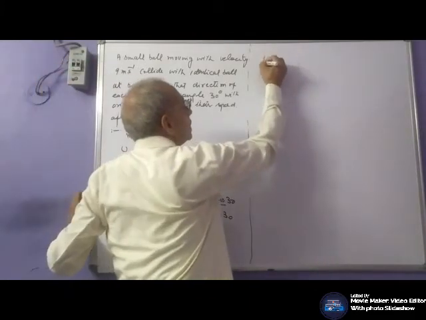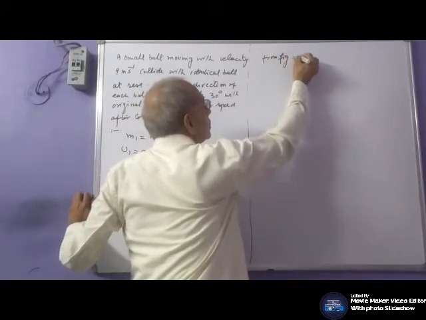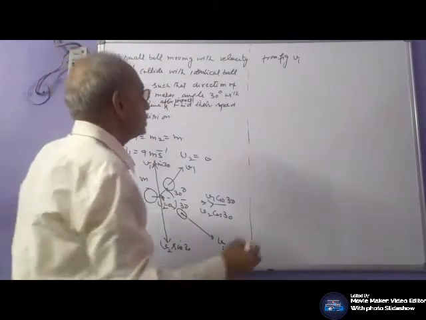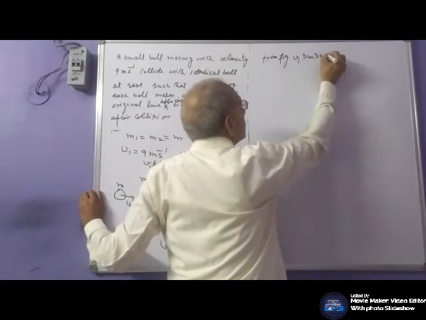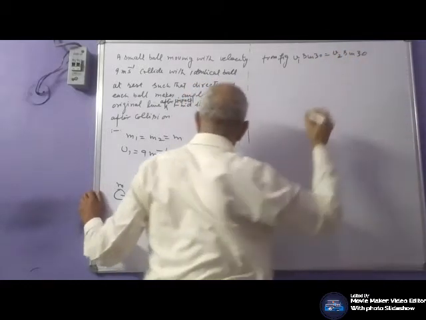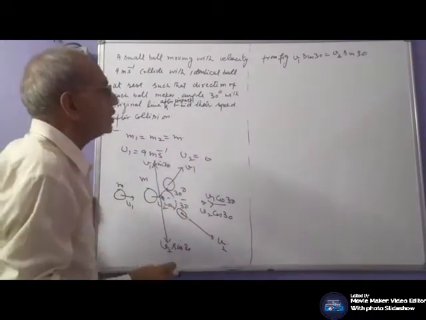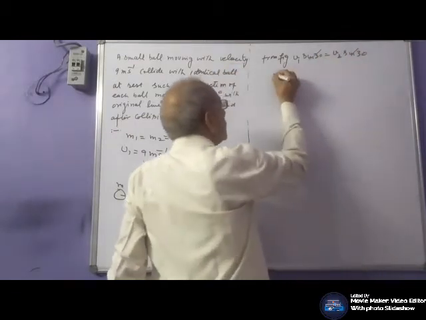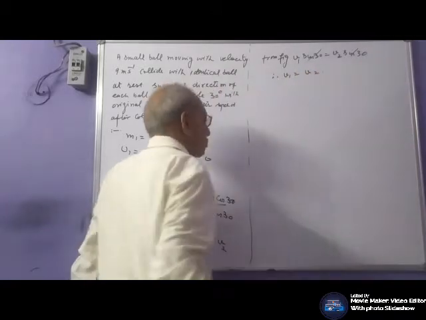From the figure, V1 sin 30 and V2 sin 30 are equal and opposite. Therefore, V1 is equal to V2.